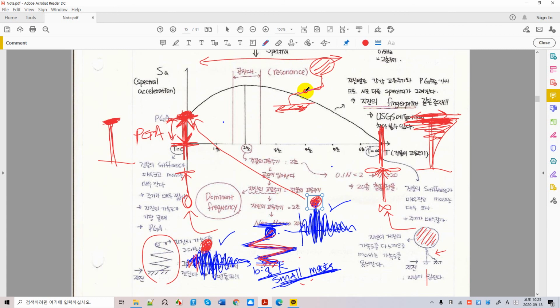All the columns of the building displace as you see over there, because your building is very flexible. So if you're sitting here, you don't feel any movement.